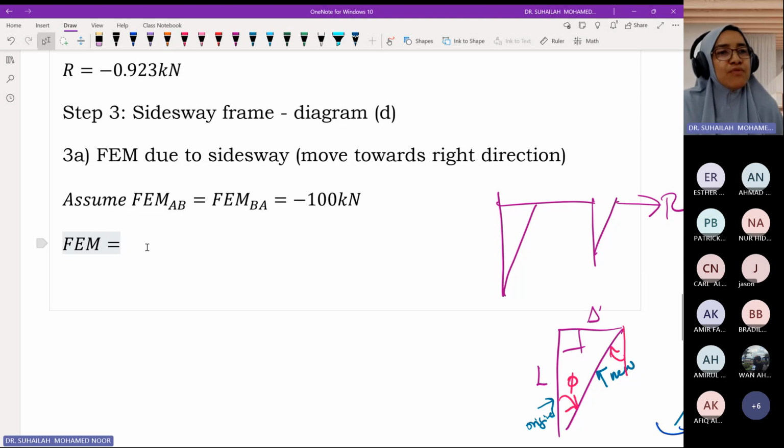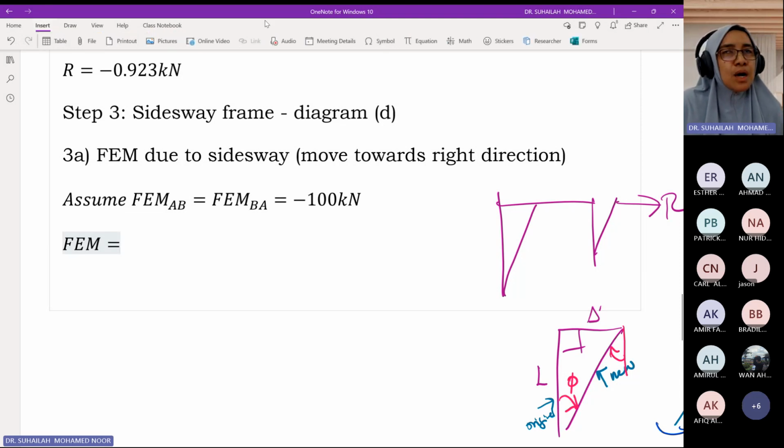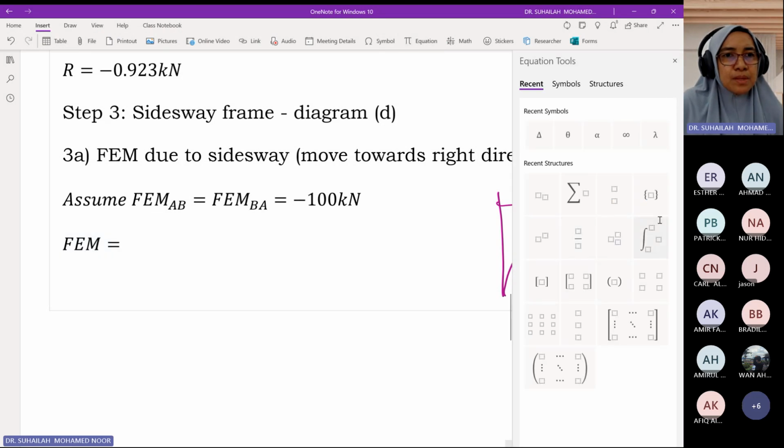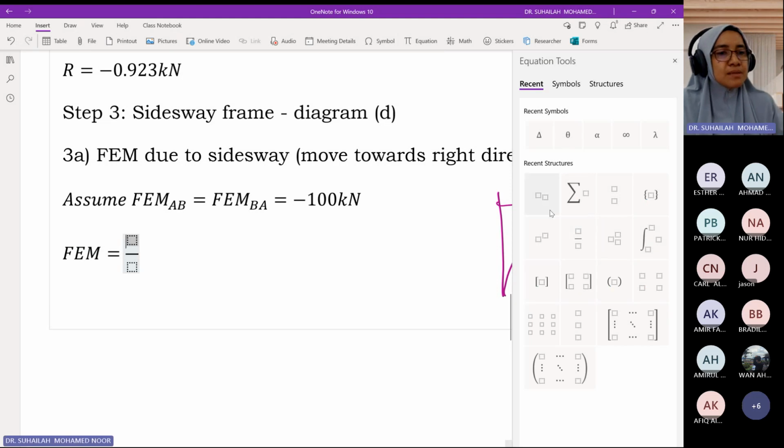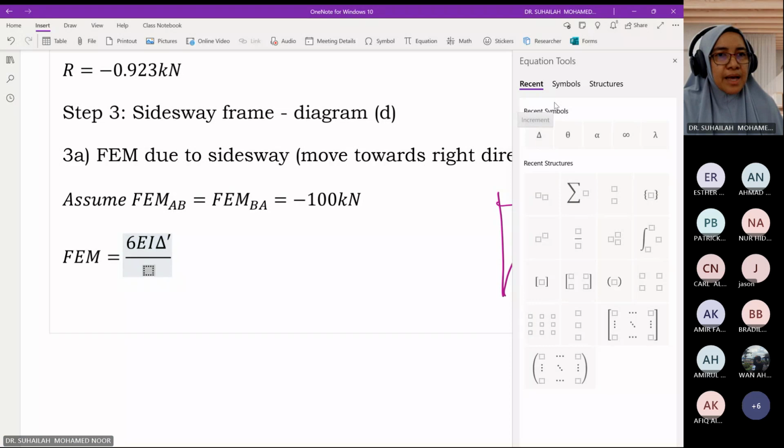Okay, so kat sini formula dia, the formula of FEM, is 6EI delta prime over L squared. Ini formula yang can be used to all types of question.